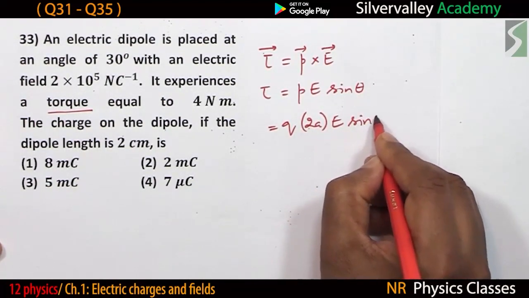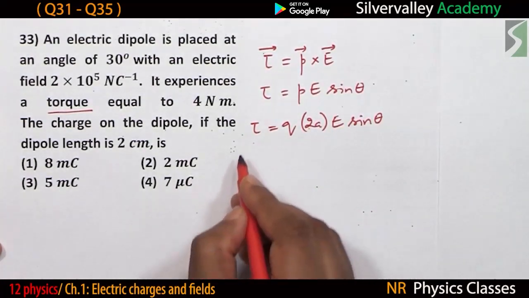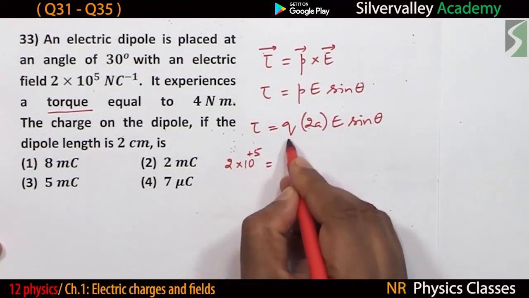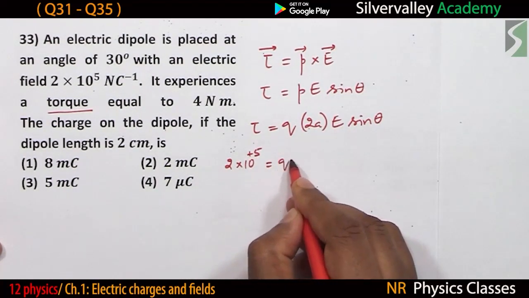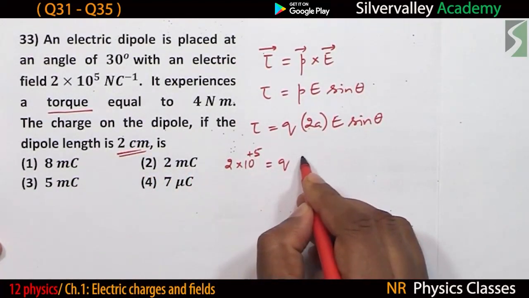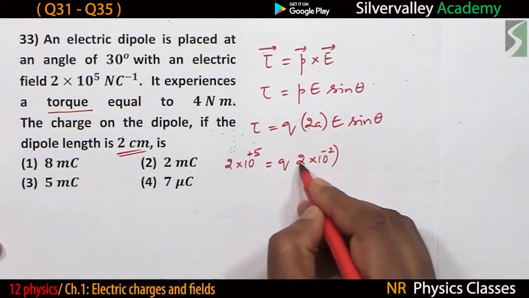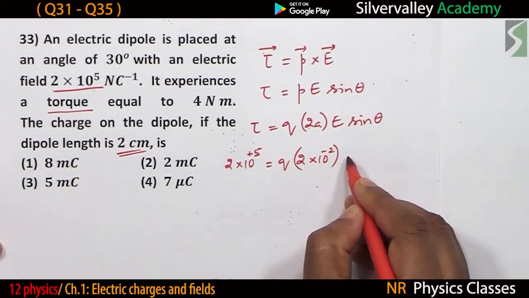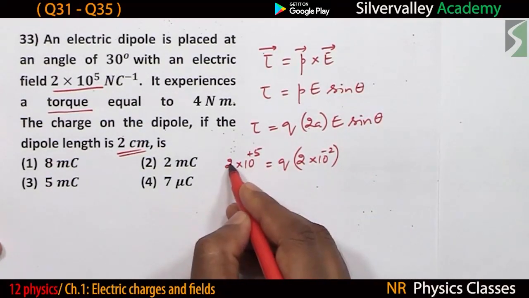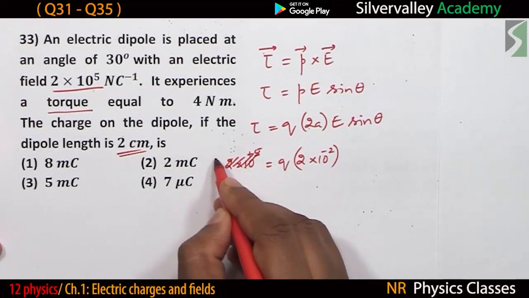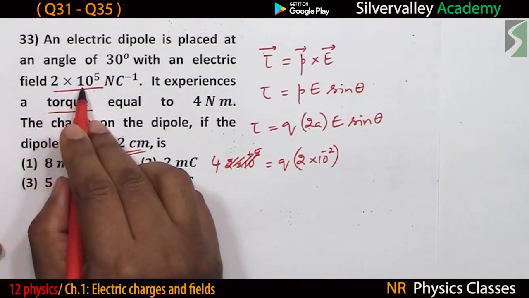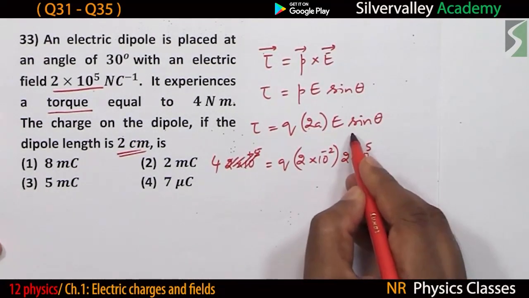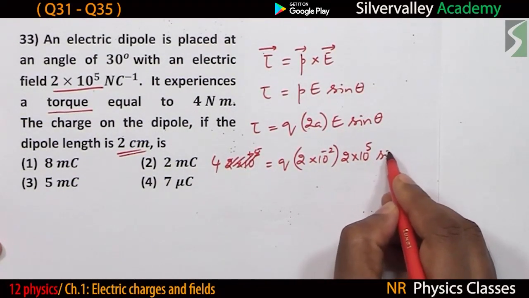Torque is 2 10 power minus 5, charge wanted, 2A, distance between the charges, 2 centimeter, 10 power minus 2. Electric field is 2 10 power 5, sin theta, sin 30 degree.